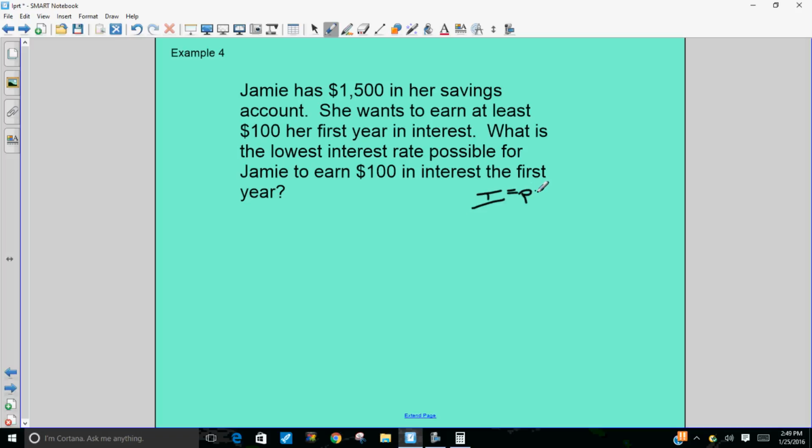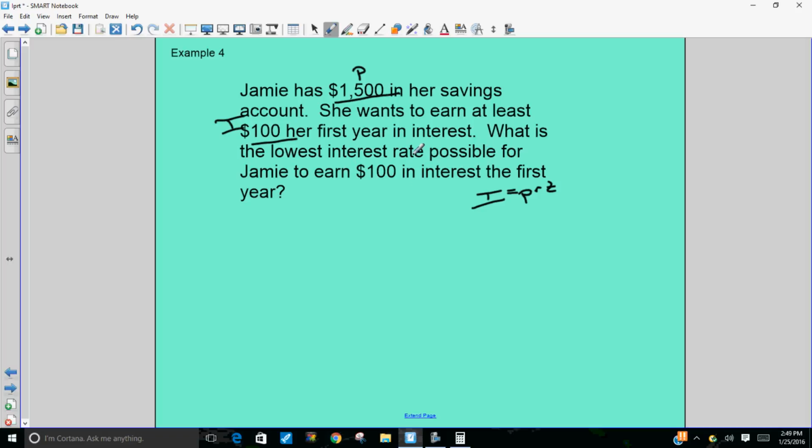So I equals PRT. Now we're going to label. Jamie has $1,500. That's her principal. She wants to earn at least $100 in interest. So it's saying the 100 is the interest, the I.